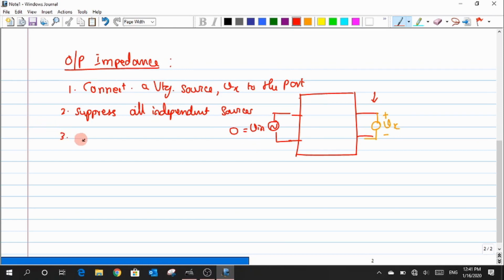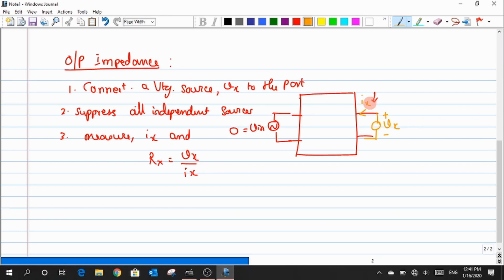And the third one is to measure Ix and use that Ix to calculate Rx, which is defined as Vx by Ix. Is that clear? This Ix is the current that goes from this Vx, so I'll just mark the flow of Ix like this.